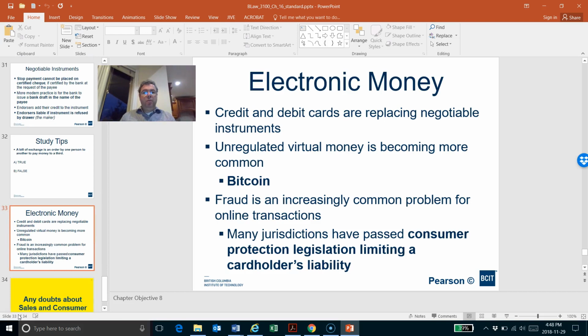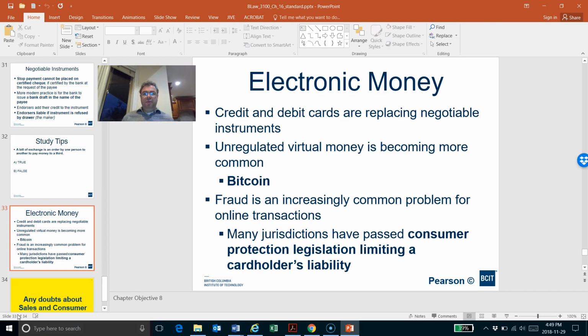Okay, so now just to finish this part in the lecture, we have electronic money. Nowadays, more and more people are using either credit or debit cards, mostly credit cards. They may replace negotiable instruments because you use your credit card, but your statement will be due in maybe one month or 20 days.